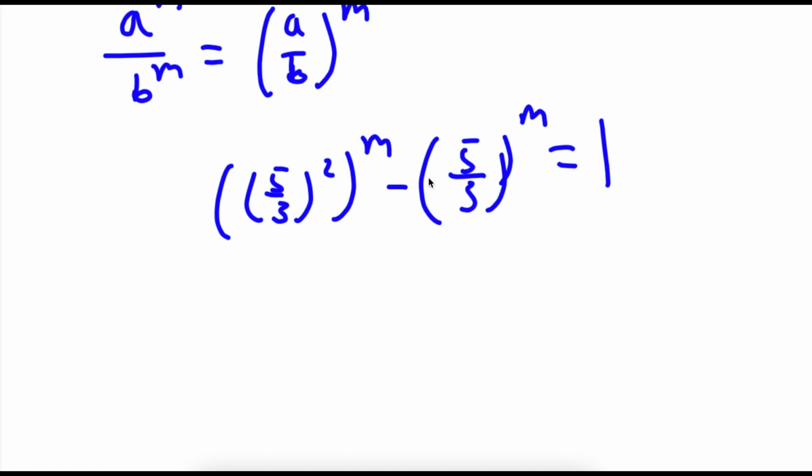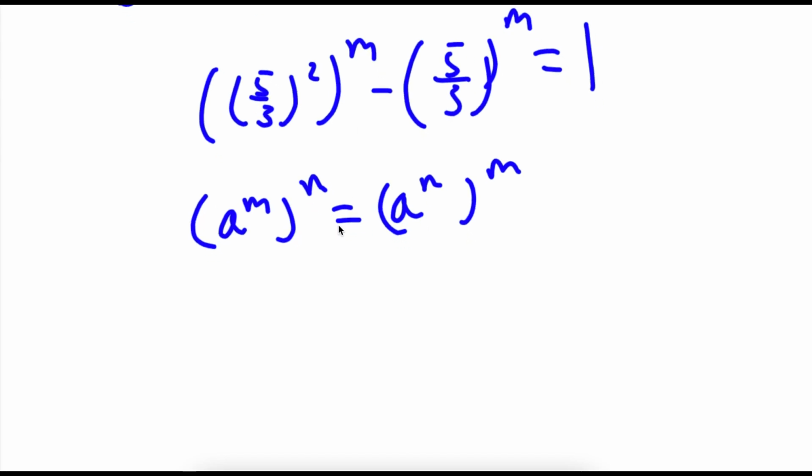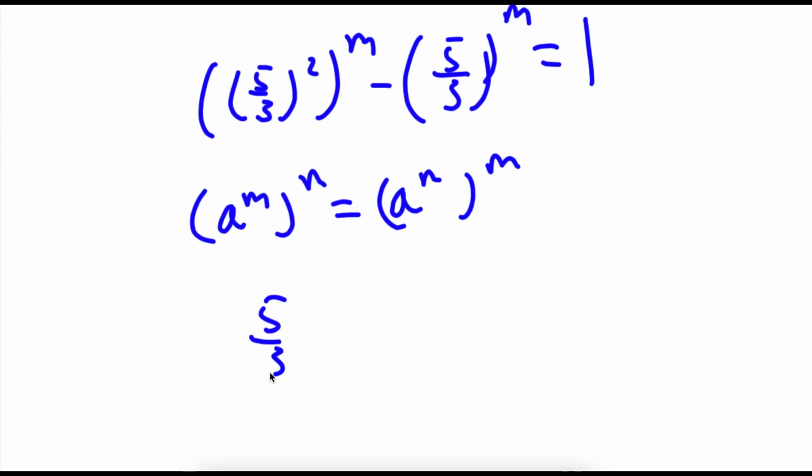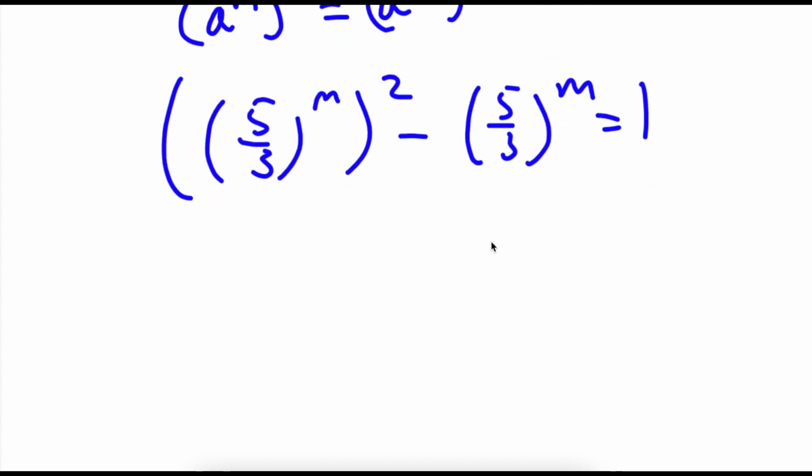Now, if I have something in the form a to the power of m to the power of n, this is the same thing as a to the power of n to the power of m. So 5 over 3 squared to the power of m, I can rewrite as 5 over 3 to the power of m, squared, minus 5 over 3 to the power of m is equal to 1.